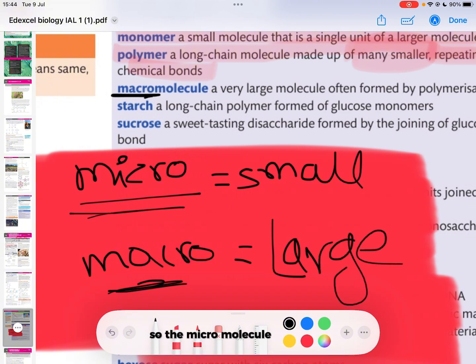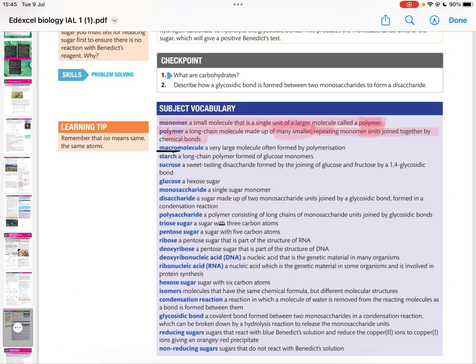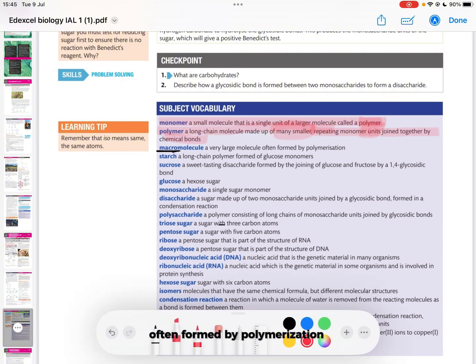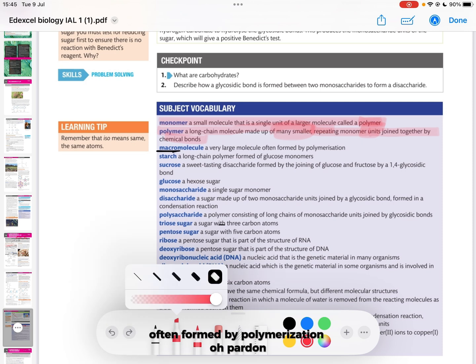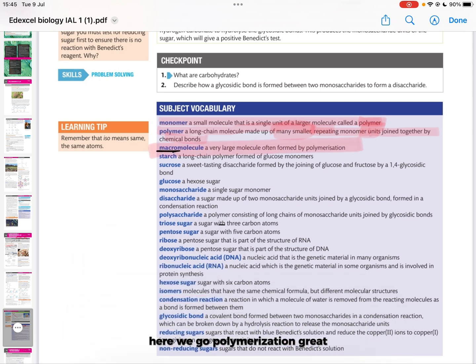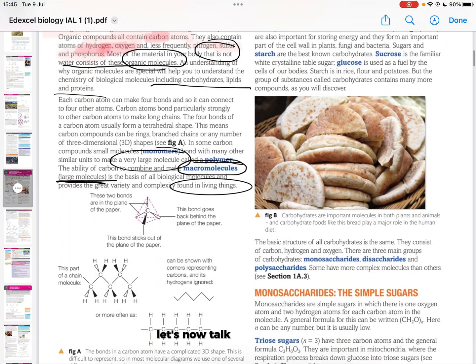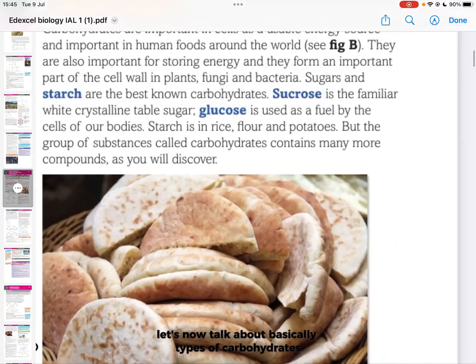So a micromolecule is a small molecule, and a macromolecule is a very large molecule, often formed by polymerization.